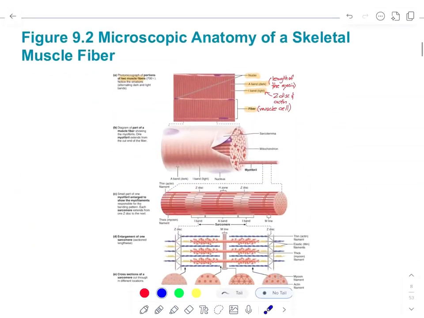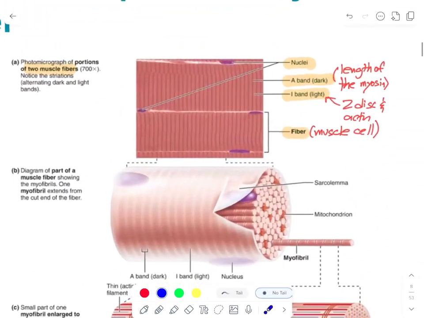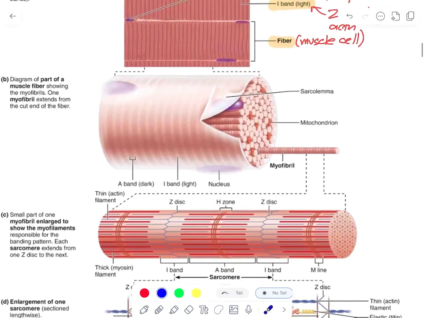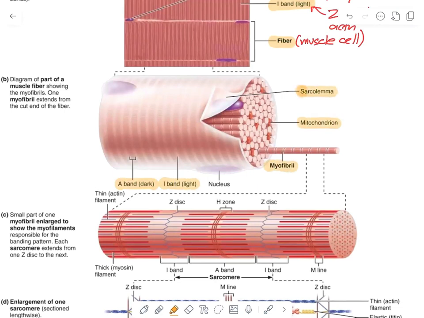So the rest of this slide, the next part shows us the diagram of the muscle fiber, which we've seen a little bit of before, but this is just in a little more detail. We see the A band, the dark band, the I band, the light band, the myofibril, mitochondria, and the sarcolemma. Remember, the sarcolemma is the plasma membrane.